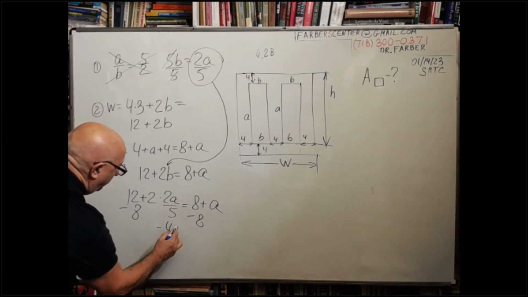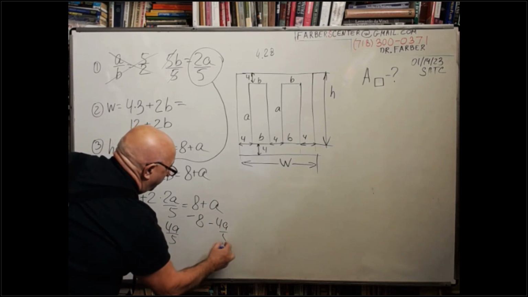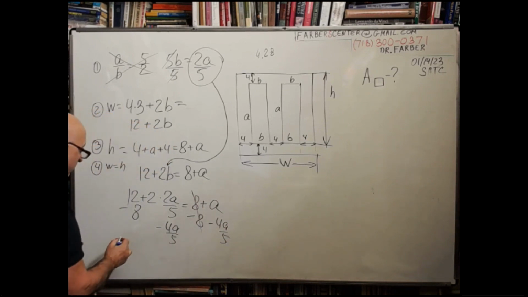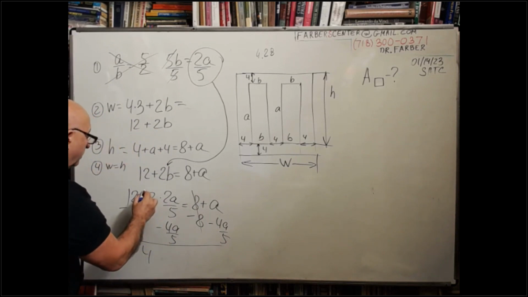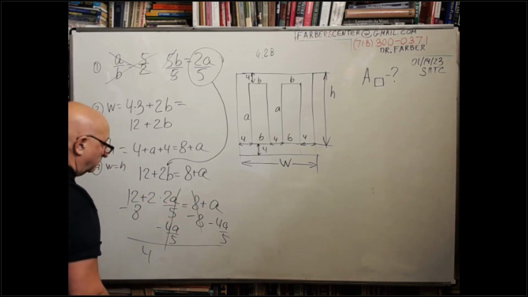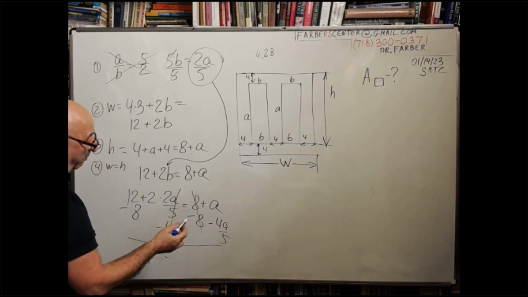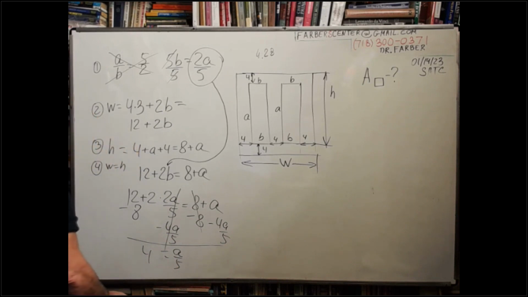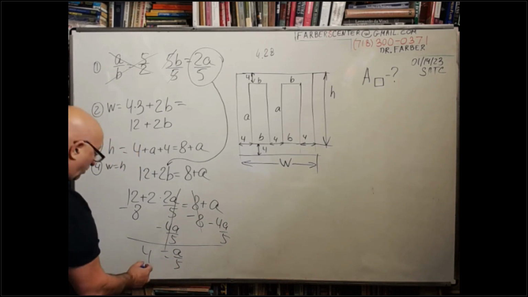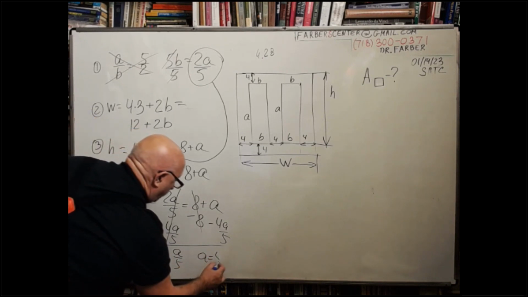Minus 4a over 5, and minus 4a over 5 cancel. This will be 4. This and this cancel out. a minus 4a over 5 will be a over 5. Okay. So 4 over 1. So a equals 5 times 4, which is 20.